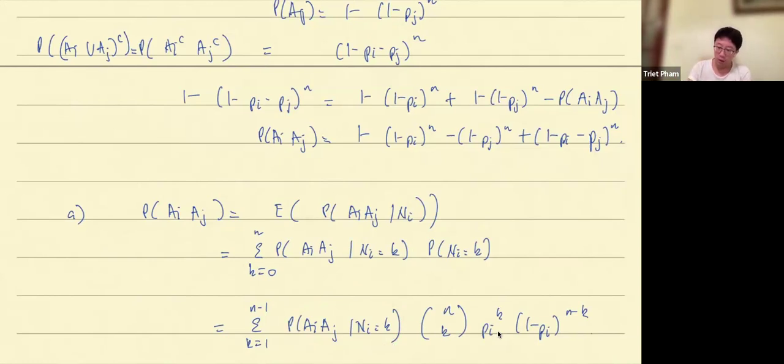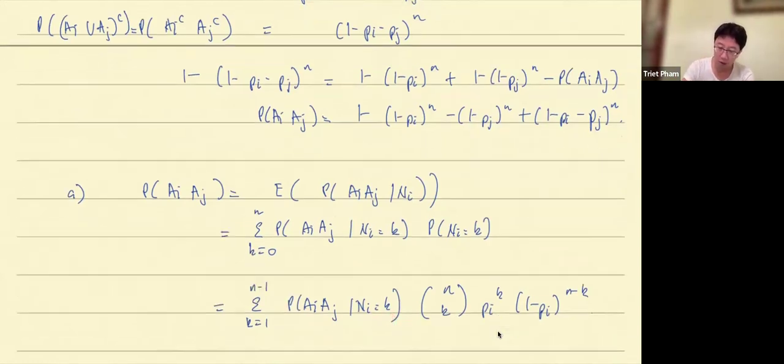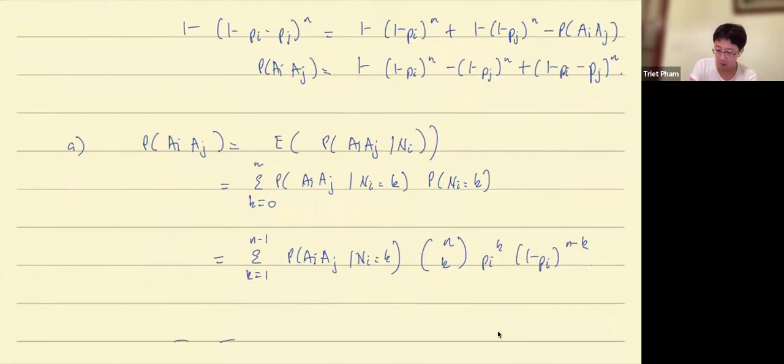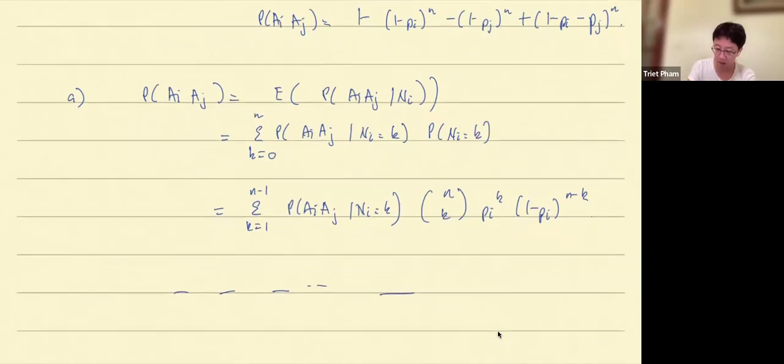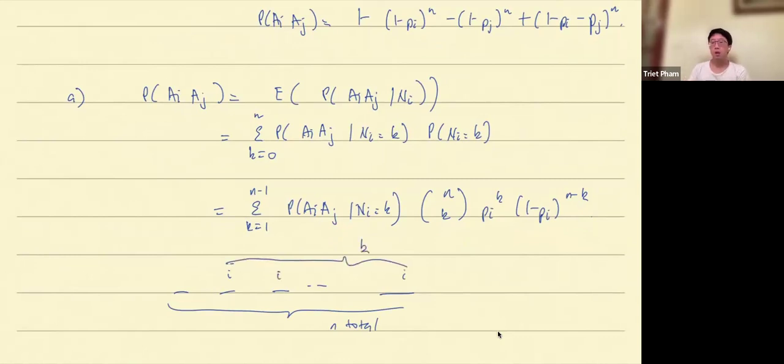Now, when there are k, so what situation are we in? The n coupons total, where k of them are of type I. And you want to know the probability that AI and AJ are present in the collection.